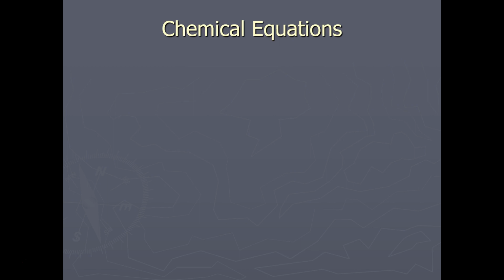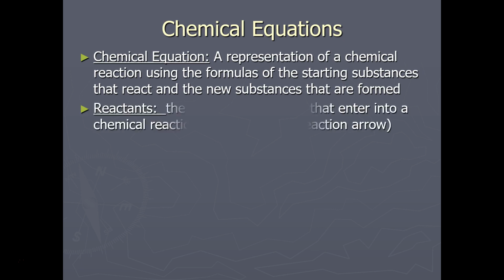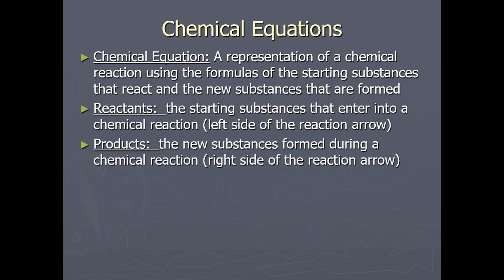So these chemical reactions can be written as chemical equations. A chemical equation is a representation of a chemical reaction using the formulas of the starting substances that react and the new substances that are formed. Reactants are what the starting substances are called that enter into the chemical reaction, and you're always going to find them on the left side of the reaction arrow.